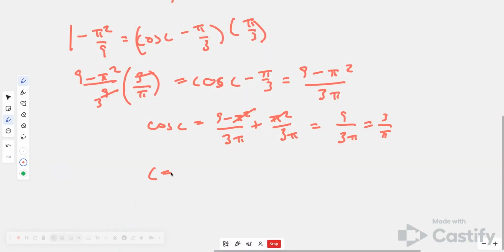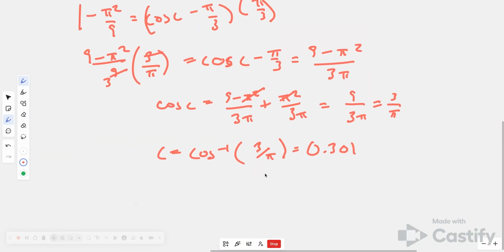So c is going to equal cosine inverse of 3 over pi. And if you have a scientific calculator permitted, this would be equal to 0.301. If you don't, then you can leave your answer as cosine inverse of 3 over pi.